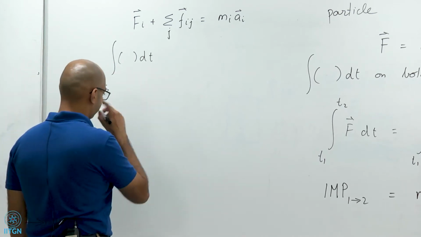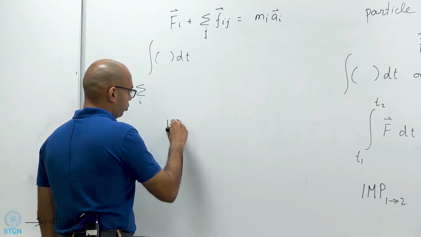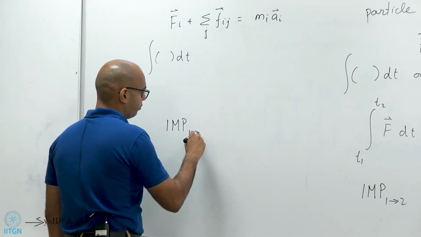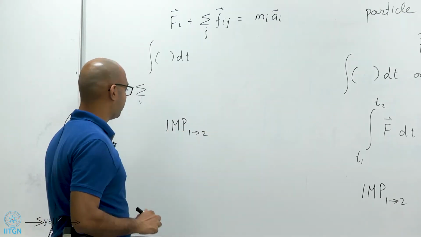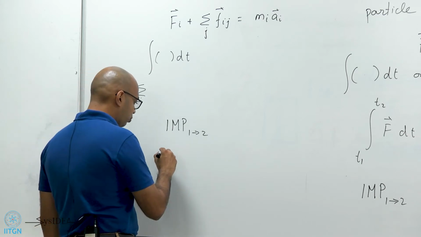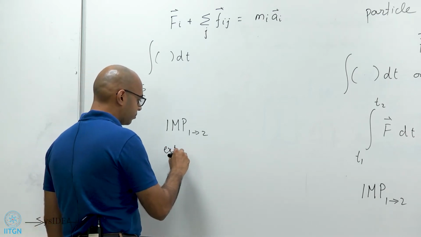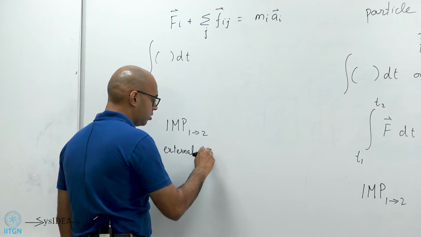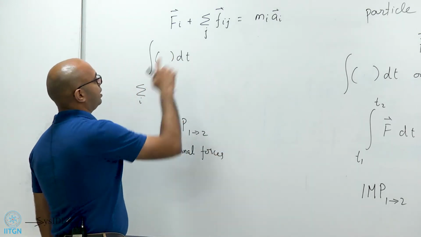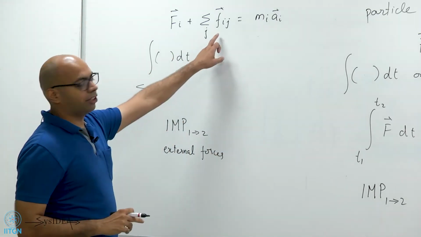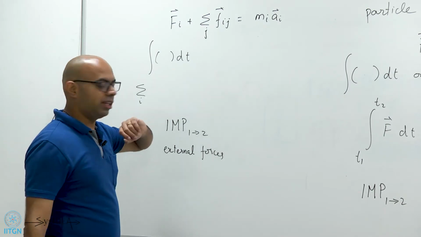Then I get the total impulse in going from time 1 to time 2 only due to external forces, because of the double summation, the Fij dt terms will cancel out.